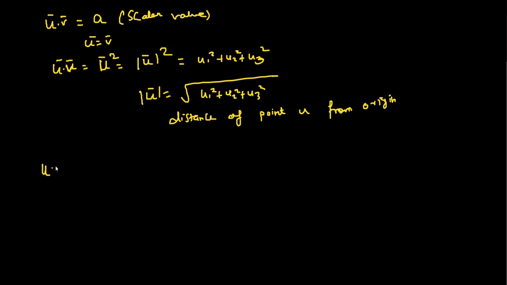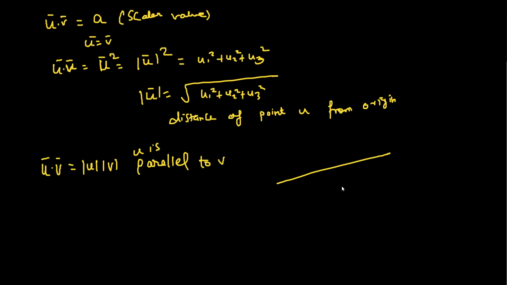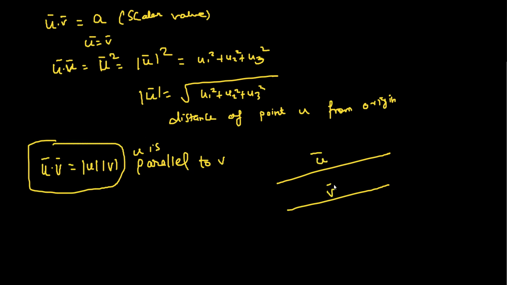If u dot v is equal to its mod, then it is called parallel: u is parallel to v. One vector is parallel to the other vector only when this condition is satisfied.